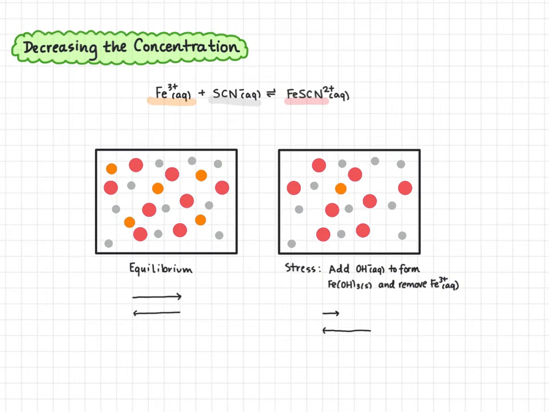The effect of this on the reaction is that iron thiocyanate will be consumed faster than it can be produced. This will lead to a decrease in the concentration of iron thiocyanate in solution.